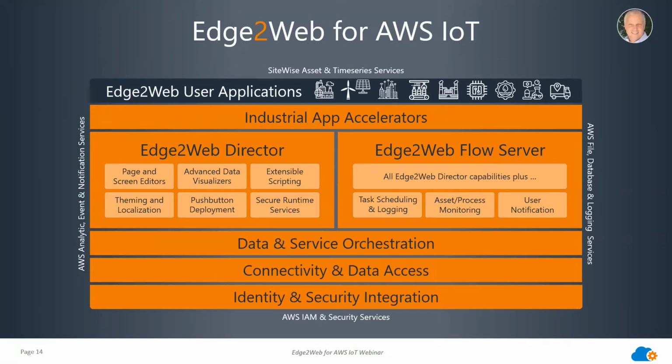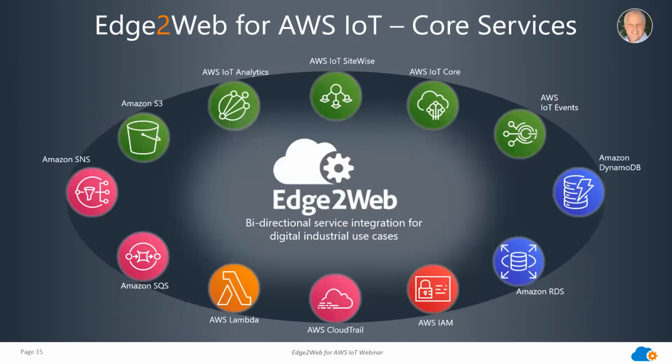Edge2Web is integrated natively with numerous AWS IoT and surrounding services to give developers a single productive experience for creating advanced digital industrial apps. And unlike other IoT approaches, where you have to master one tool for user-facing applications and a different tool or environment for server-side processing, Edge2Web provides a learn once, use everywhere development model.